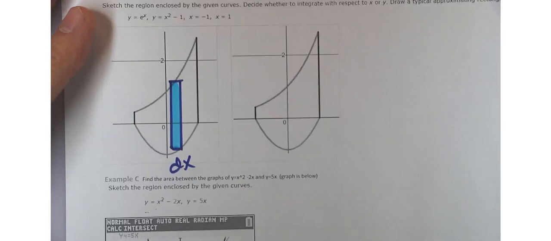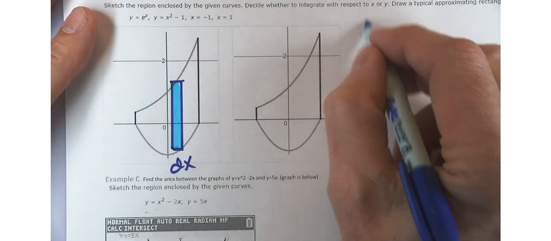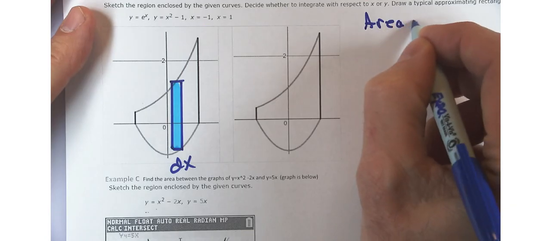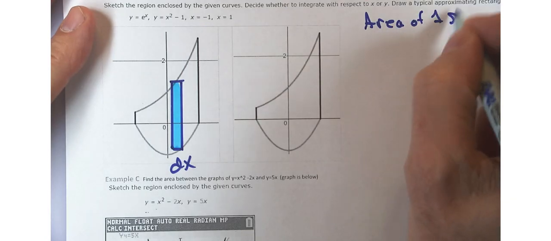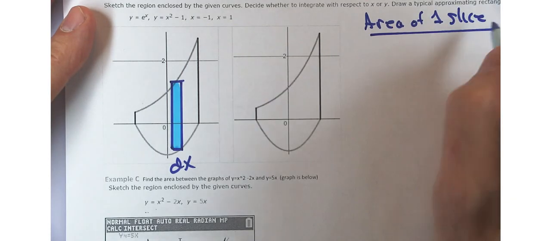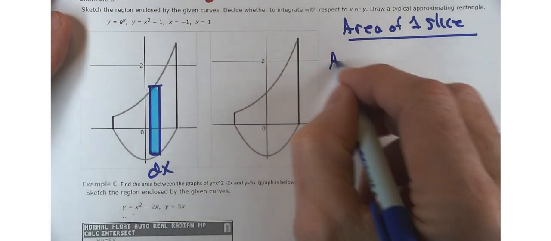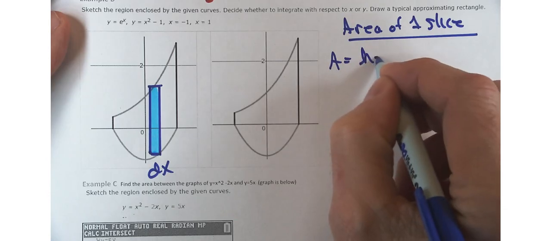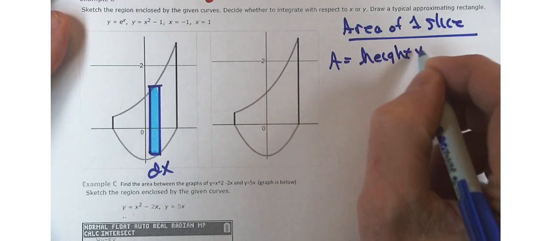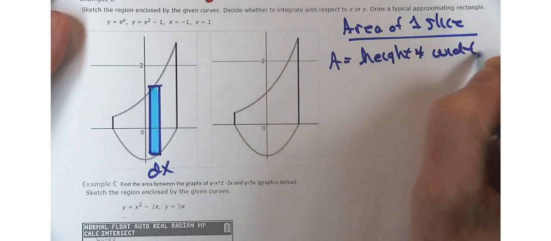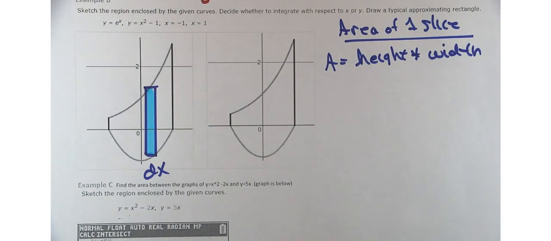Well, let's see about that. Area of one slice. Well, the area is simply going to be the height times the width. So it's nice to give it a very tangible geometric interpretation.